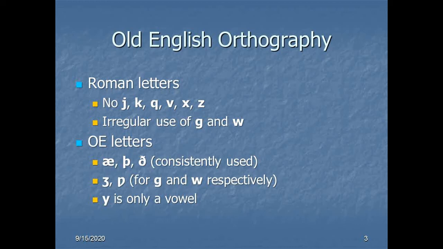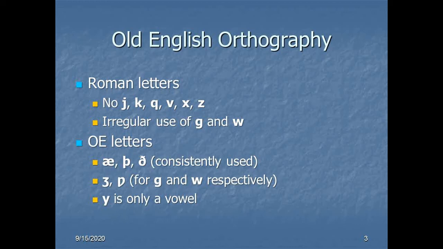Similarly, the second letter there is called wynn, and it doesn't stand for a W, it does what a W does. It stands for the consonantal W sound. This one won't cause any confusion, because as I said, it only does one job.